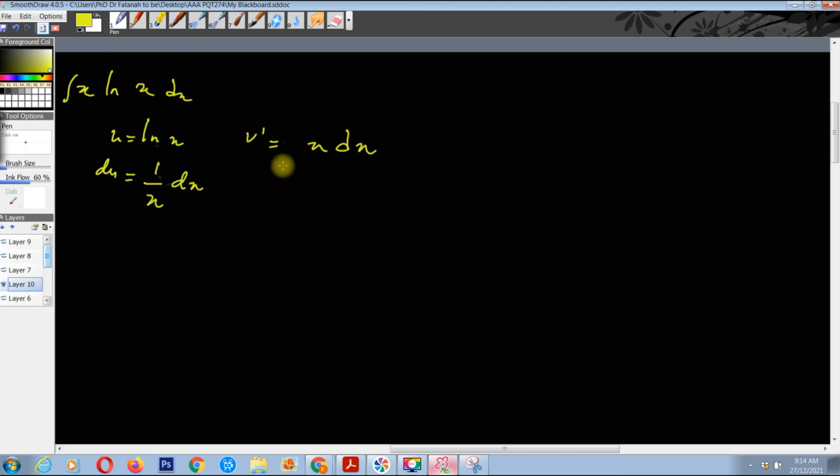Alright, and then we integrate this. So v equals to x square over 2.